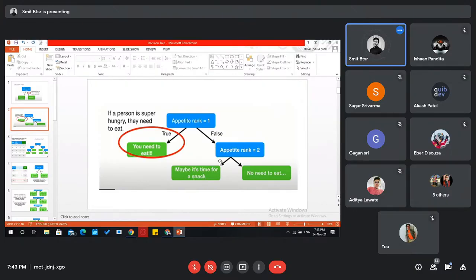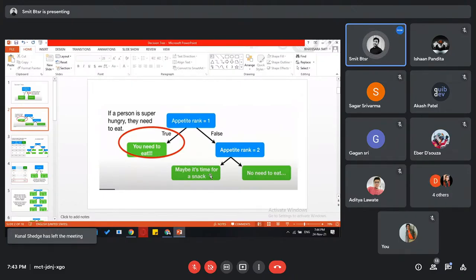But if they are actually very hungry, and I ask them, "Are you a little hungry?" and they say yes, then we will give them snacks because they said they are a little hungry. But in actuality, they were super hungry and need a lot of food to eat.